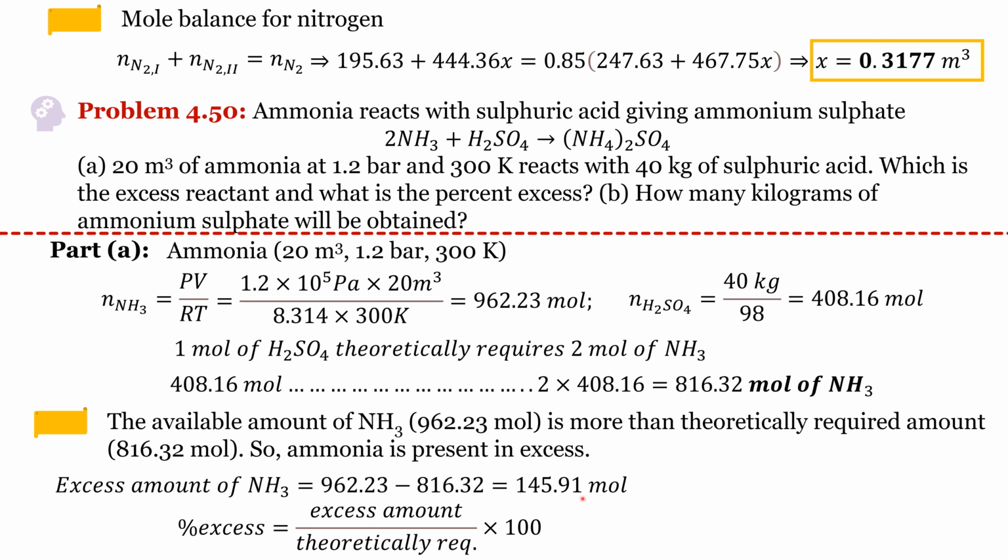So 145.91 is the excess amount and 816.32 is the theoretically required amount. So percentage excess will come out as 17.87%.